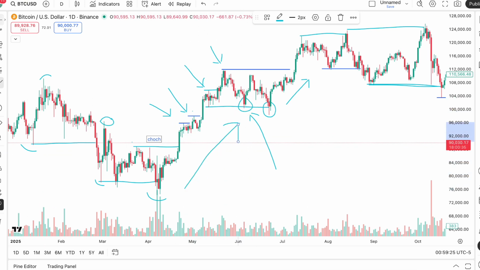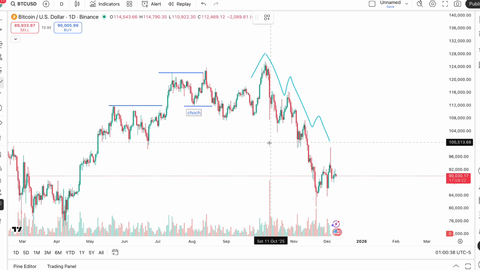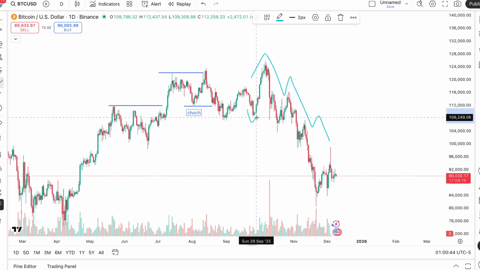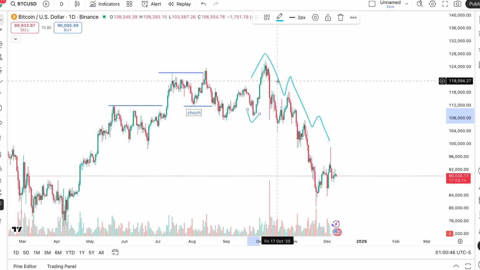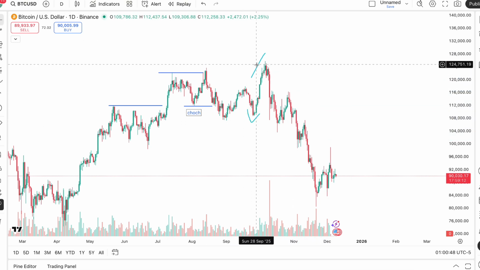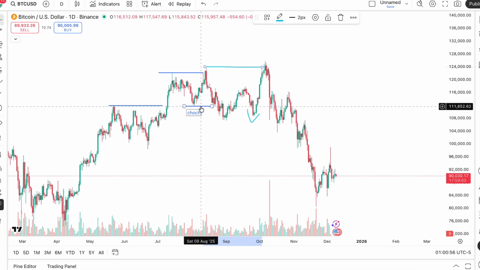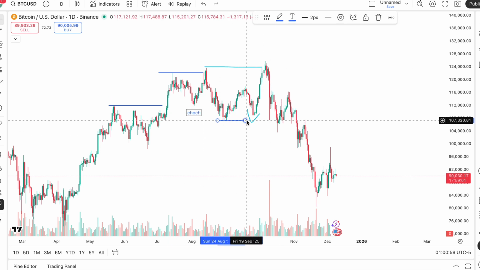It's in an uptrend. But price made a CHoCH here and then failed to take this low here and then push back up. Price pushed back up. Made a high here. This is now the new low.